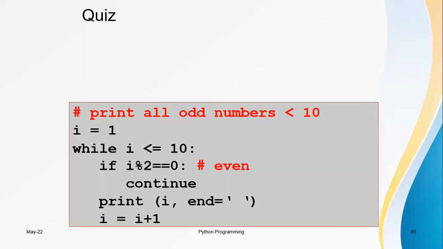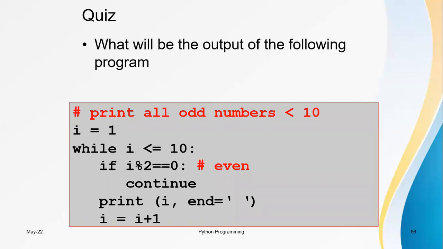Print all odd numbers which are less than 10. A simple thing, I have given you the hint. What will be the output of the following program? Whenever the number is exactly divisible by 2, it will not print. All other numbers will be printed.